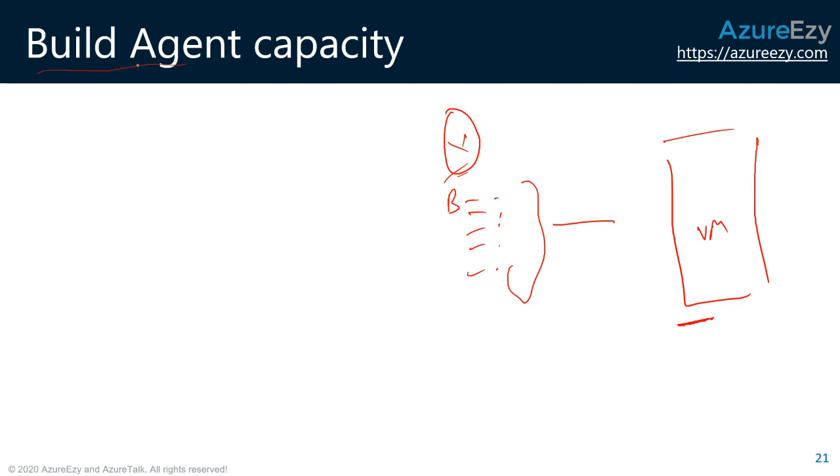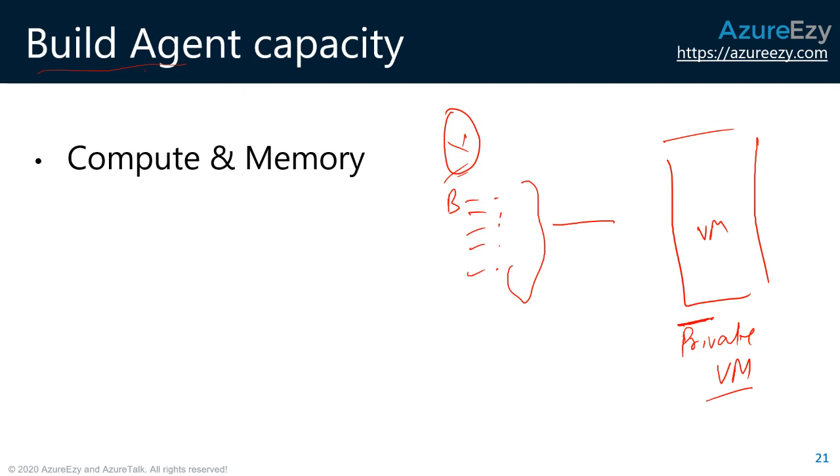Now if this build agent is a private agent, it is your on-prem VM. It can be on-prem or it can be in your own Azure cloud virtual network. If it is a private VM, then you need to look at the compute and memory of this VM, because your builds are going to run on this particular virtual machine.